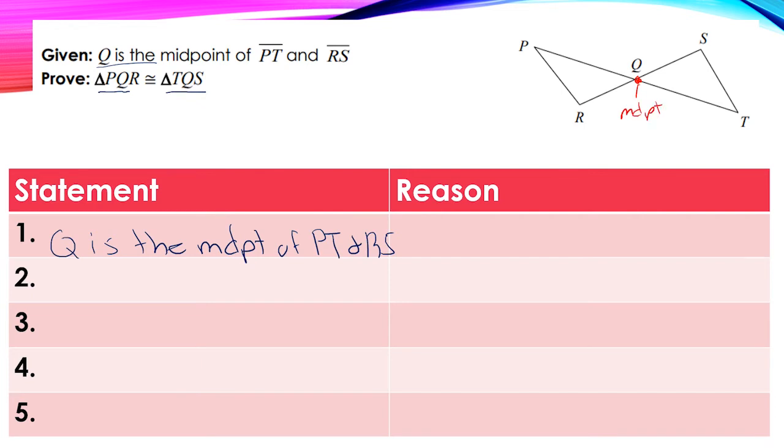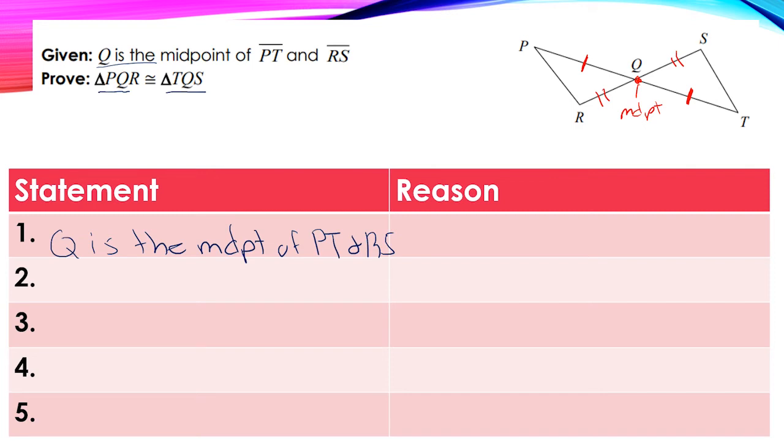And it is the midpoint of PT, so that lets us know that PQ and QT are congruent because Q is the midpoint. And it's also the midpoint for RS as well, so that will make RQ and QS congruent. So we can actually write that in as our reason.